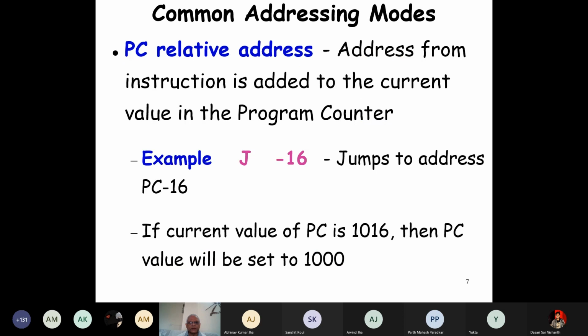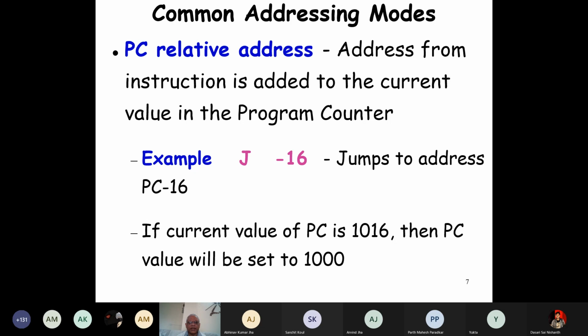And then we have the PC relative address, which is the address of the instruction to be fetched. So when we jump to some instruction to have a loop, branch, and so on, the PC register, the program counter register, has to be changed.